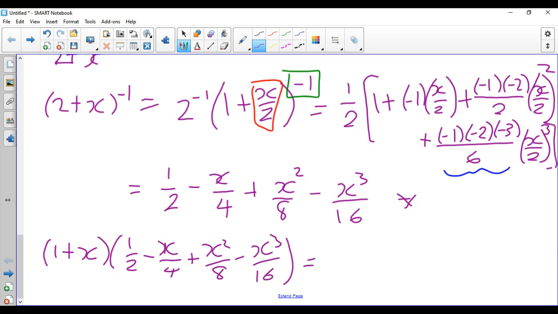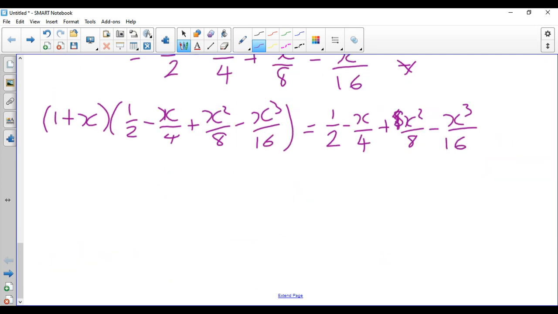To get a half, do this logically: 1 minus x over 4 plus x squared over 8 minus x cubed over 16.